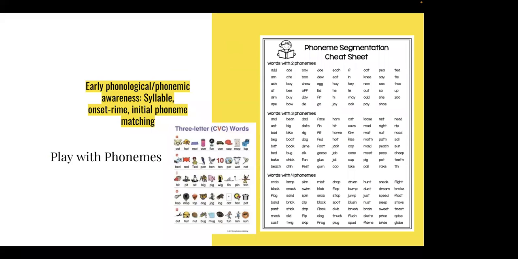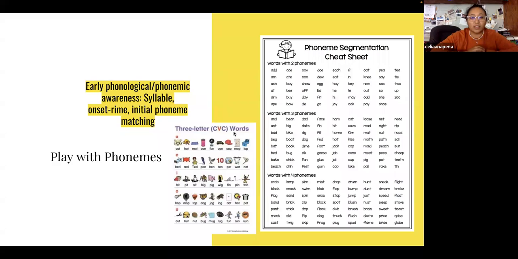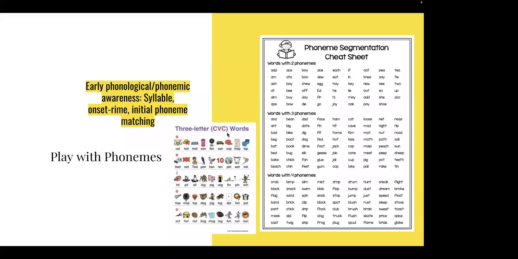This is an example of words with different numbers of phonemes: words with 4 speech sounds, with 3 speech sounds, with 2 speech sounds. And CVC is consonant, vowel, consonant. There's a question on that. So this is consonant, vowel, consonant, and all of these words are consonant, vowel, consonant: hat, cat, mat, can.